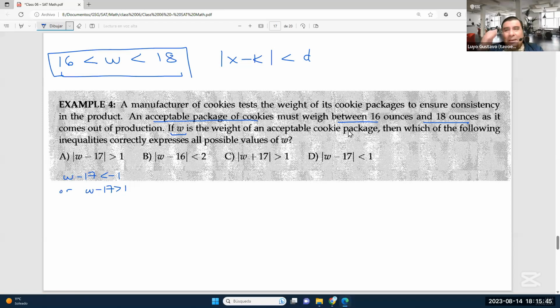But this will never give you an inequality like this, because this is the other way, right? They're telling you that W minus 17 is actually here's negative 1, here is 1, two possible regions for W minus 17.